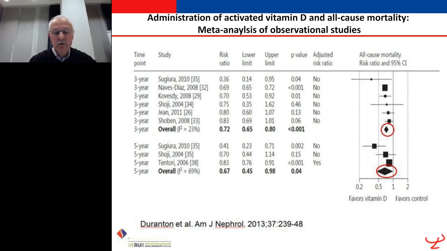But we also have to keep in mind that these are observational studies and meta-analyses of observational studies, and that we still need more randomized controlled trials to prove these associations and to prove causality.